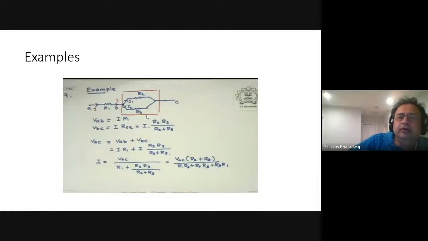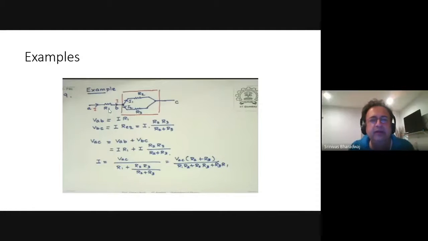Okay. So now what is the voltage between VA and VC? There is a voltage drop here, and then there is a voltage drop here. You replace these two with a single resistance REQ, right?